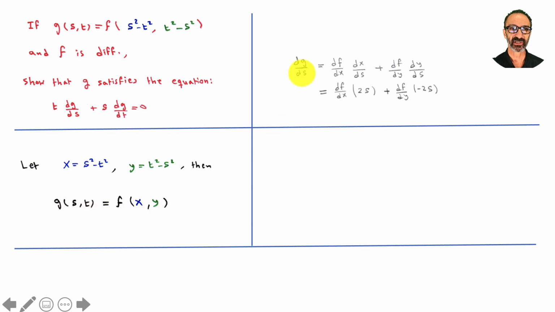Let's find dg ds, this part right here by itself, and we're going to find the other part by itself right here.